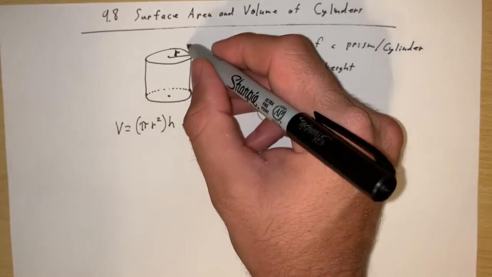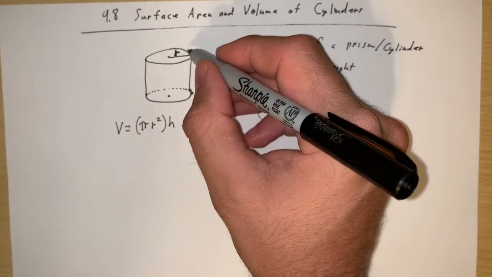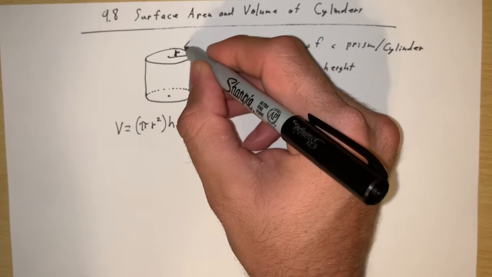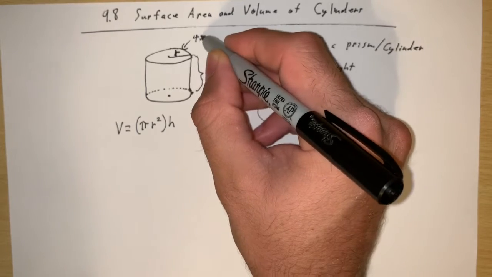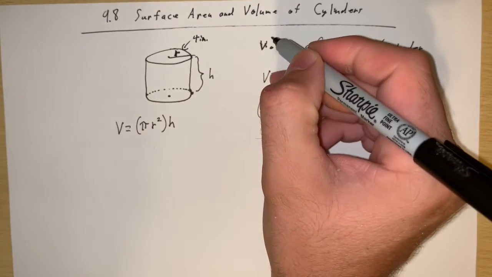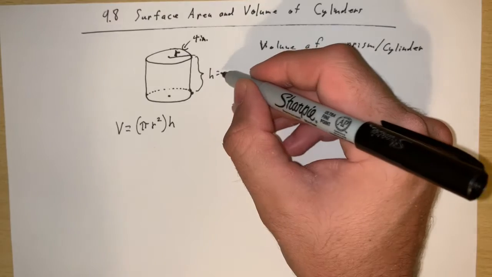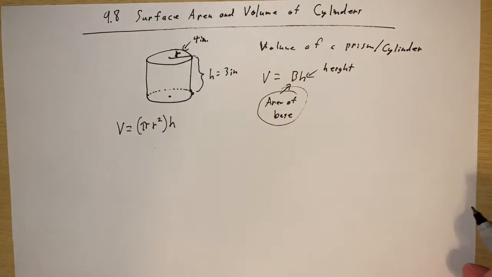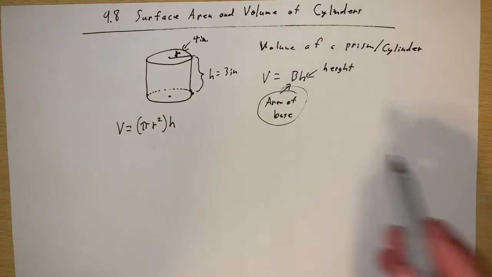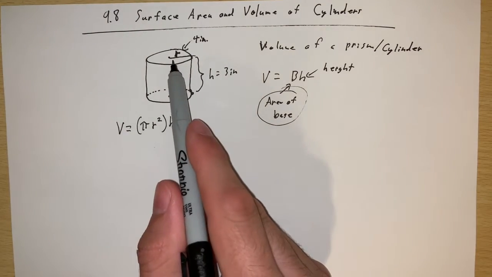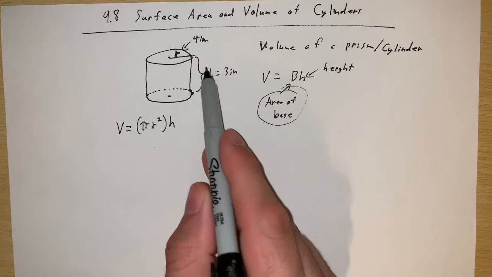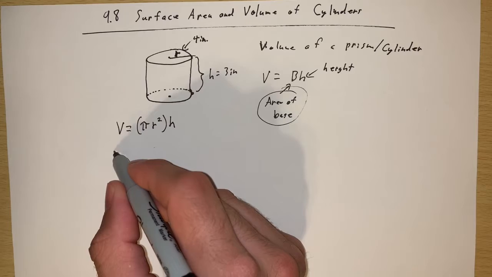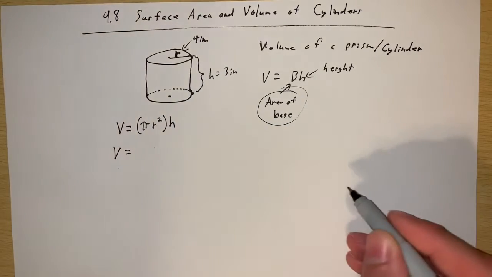Let's say the radius of this cylinder is 4 inches and the height is 3 inches. Let's calculate the volume. As long as we know the radius and the height, we have enough information. All we have to do is plug in the known numbers.